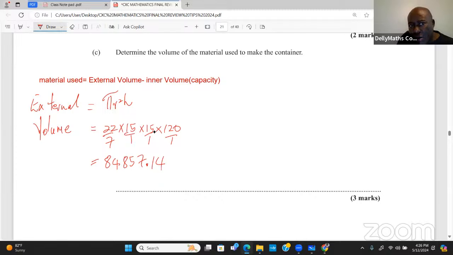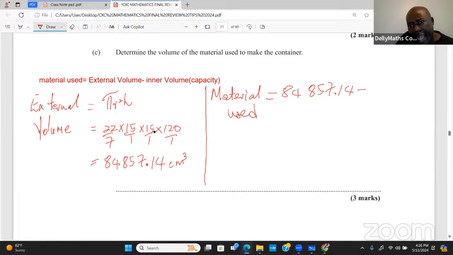But in response to the question now, remember this is cm cube. We have the interior part already. So the material used will simply be this value that we have here. I'm going to take away the 73,304 from it.